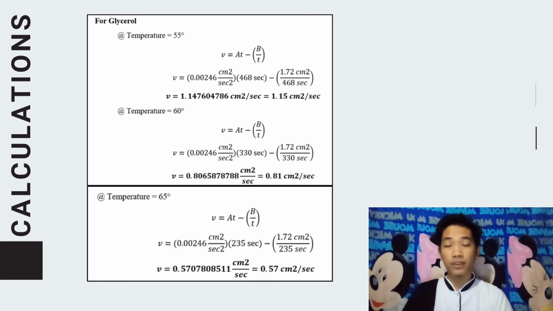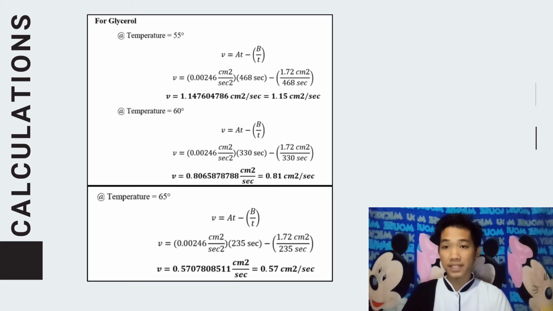At a temperature of 55 degrees Celsius, having a time of 468 seconds, we can get a result of 1.147604786 square centimeter over second, or equivalent to 1.15 square centimeter over second. At 60 degrees Celsius, having a time of 330 seconds, we can generate the kinematic viscosity as 0.8065878788 square centimeter over second, or equivalent to 0.81 square centimeter over second.